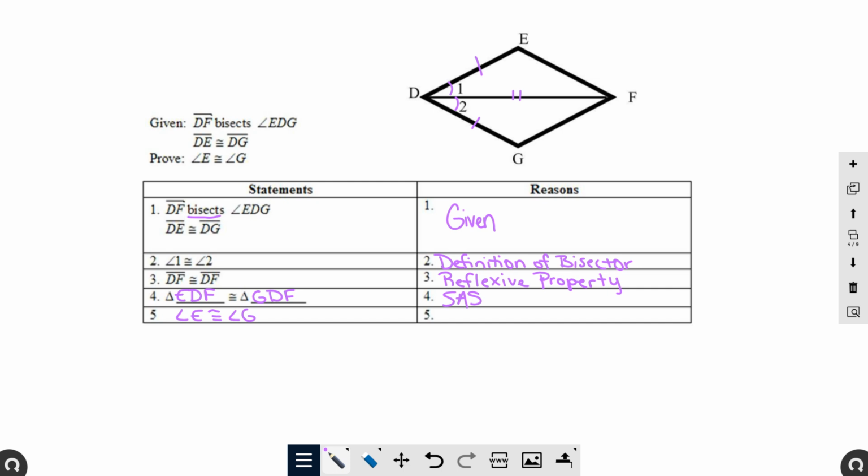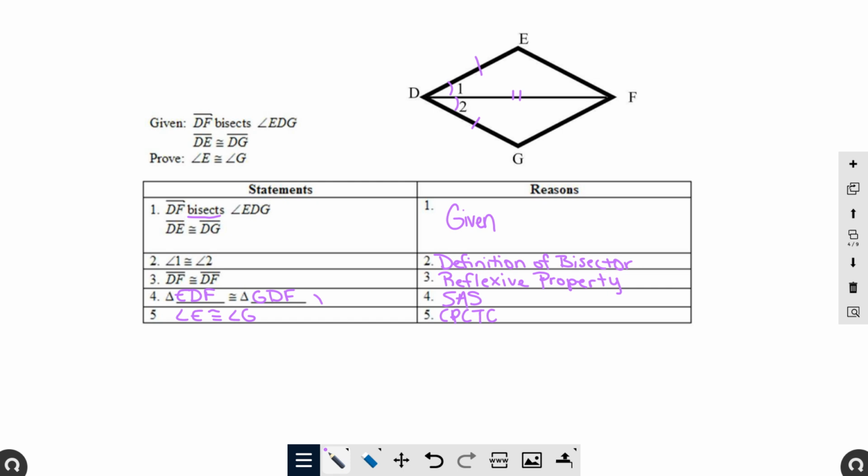So what were the 5 letters? Look back at the front. Good. CPCTC. This can only be used after we say the triangles are congruent. So we said the triangles were congruent. So next, CPCTC. Does that make sense? If the triangles are congruent, then all their parts are congruent.